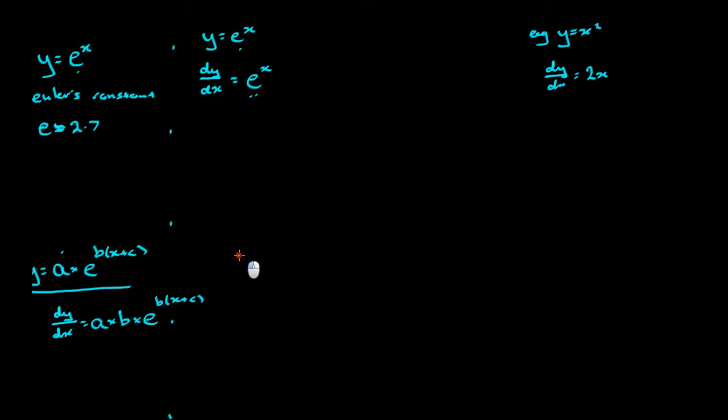We'll say y is equal to 4 times e to the power of 5x plus 1. dy dx is what we want to find.